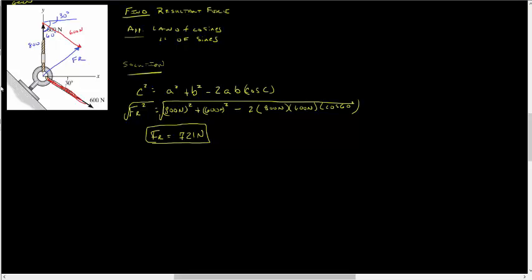Now if I want to solve for this angle here, we're going to call it phi. I want to solve it from the positive x-axis. That's going to be the direction of this resultant force. Again, just using trigonometry, I can use my law of sines.